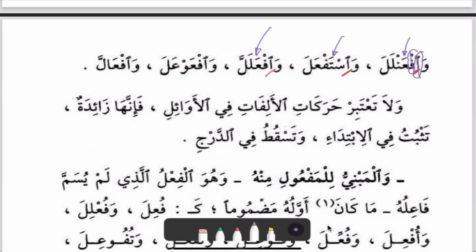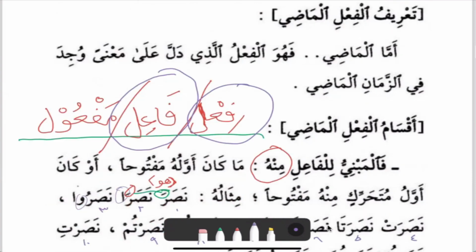Now, if a verb is not configured for the doer, then how would it be configured? What are our options? We said there's fi'l, doing, fa'il, doer, and maf'ul, done. So that means it's possible to configure the verb for the done thing and not the doer?